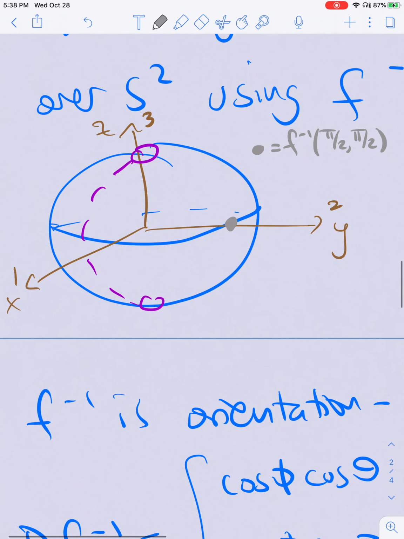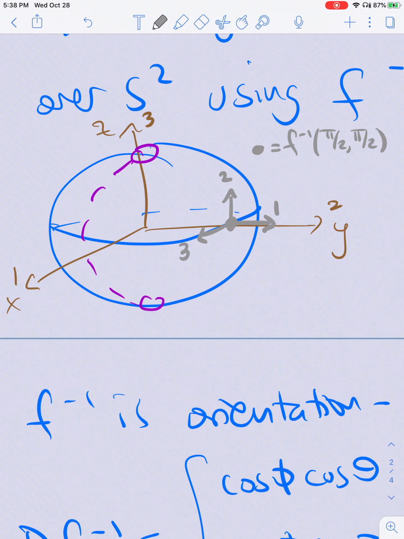So at this point, I want a basis for the tangent space to S2, where when I add the outward normal vector as the first vector, the other two vectors form a basis for the ball, the interior ball. So I'll just draw the other two vectors as the one that points in the x and the z direction, and then we'll just see how they should be oriented. So if I use the right hand rule, 2 should be the one that points up, and 3 should be the one that points to the side.